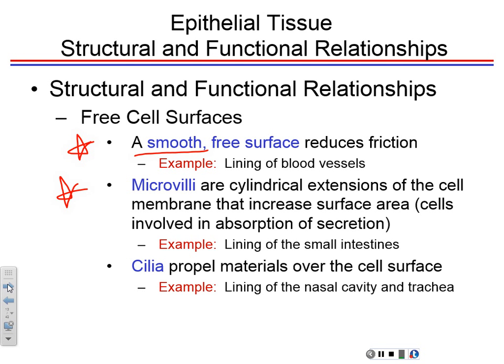And then, of course, we talked about this before, microvilli. It increases surface area for absorption in the small intestine, and then the cilia, which does what? Moves substances on the surfaces, especially the lining of the respiratory tract, the lining of the uterine tubes, or the fallopian tubes, and so forth. Right?